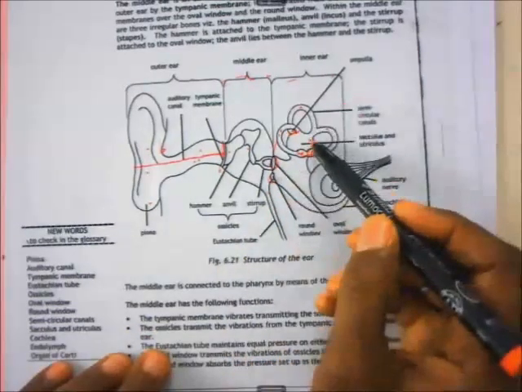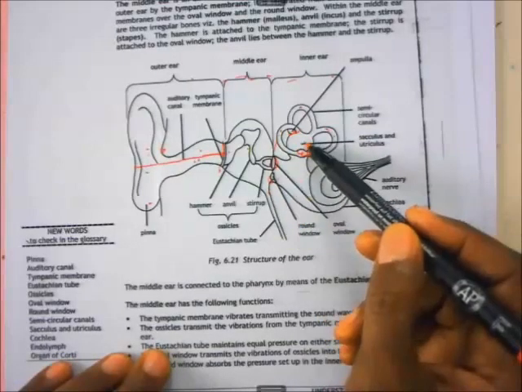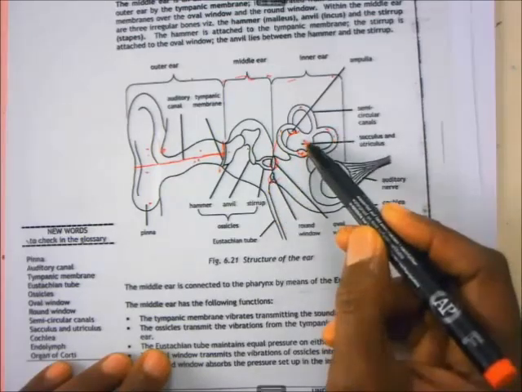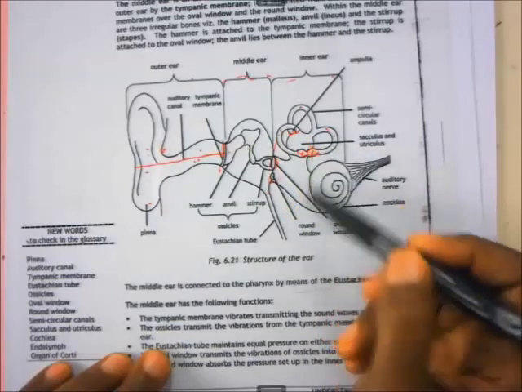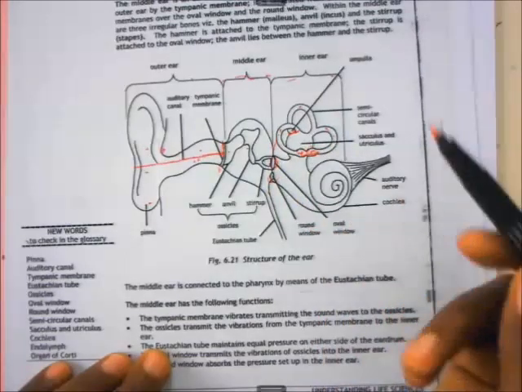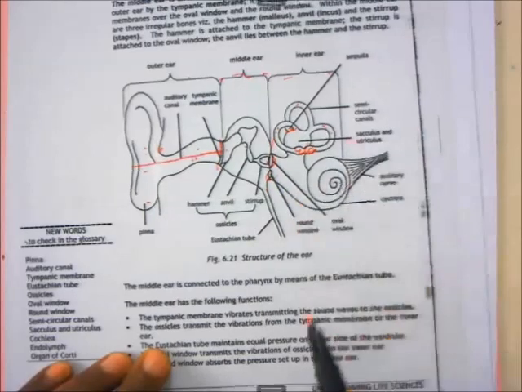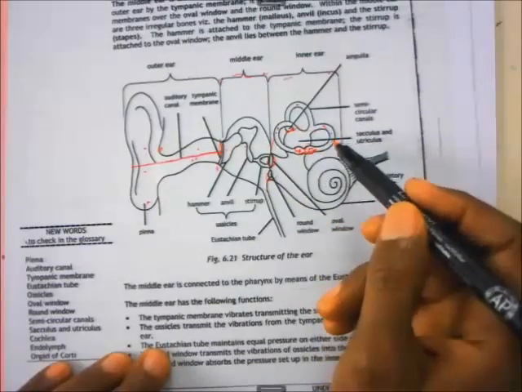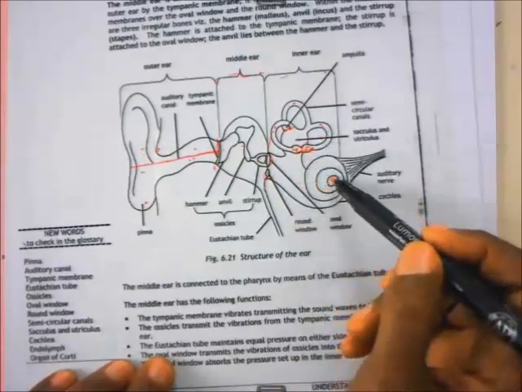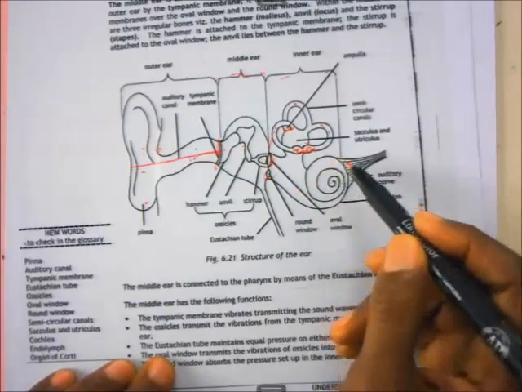When you go downwards, there are two swellings here, but here the two swellings are fused. They are the utriculus as well as the sacculus. They also house the receptors for maintaining balance, which are called the maculae, plural. Singular, it's a macula. When you go downwards, there is a coiled structure here, which is called the cochlea.